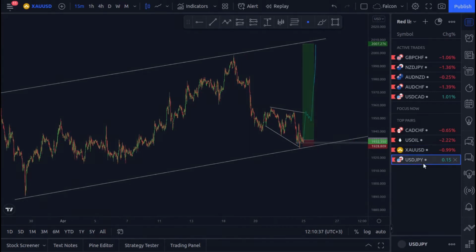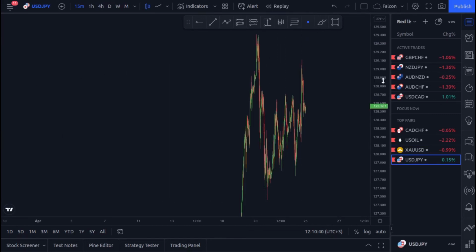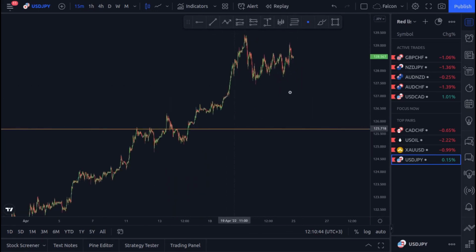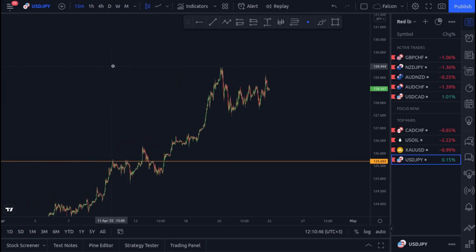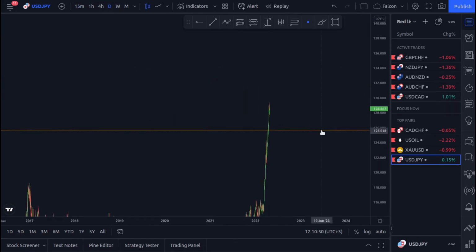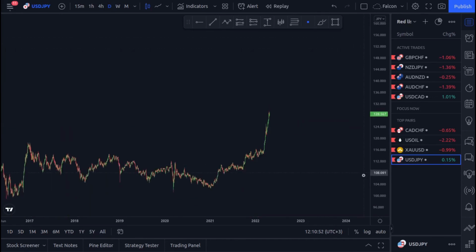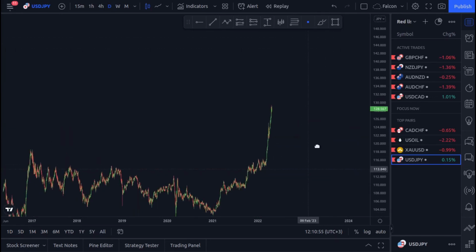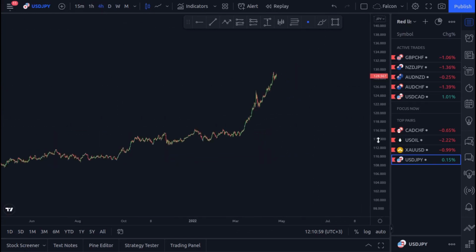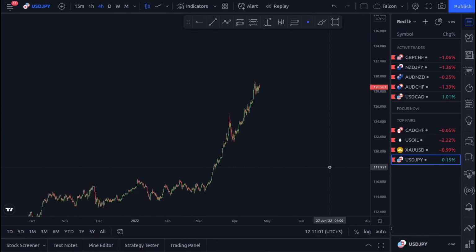Lastly, we'll see dollar yen. This is our last analysis. From this dollar yen pair, we have been waiting for this price to push back down. As you can see, the price pushed up quite aggressively.